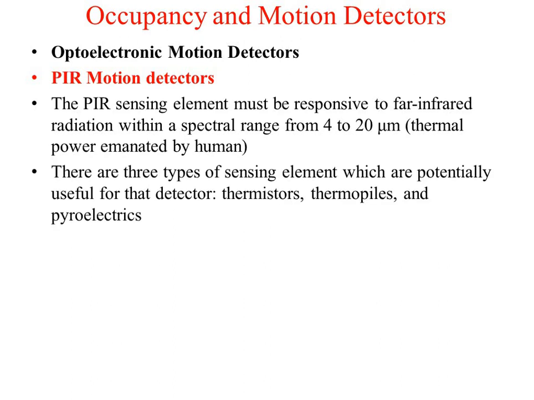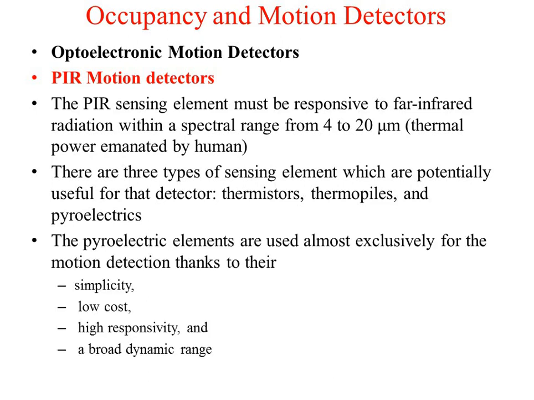There are three types of sensing elements generally used for such detectors: the thermistor, thermopiles and pyroelectrics. These are the sensing elements generally used for PIR sensors. Pyroelectric elements are most popular because of their simplicity, low cost, high responsivity and broad dynamic range, so they are mostly used.